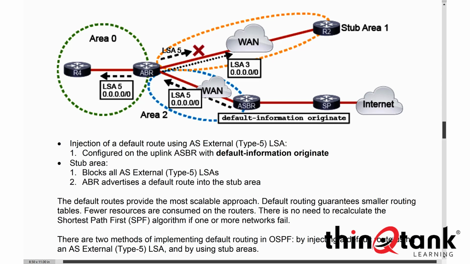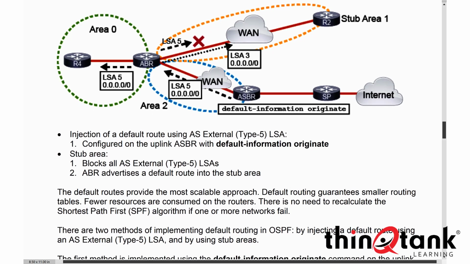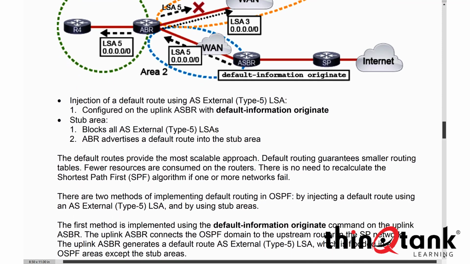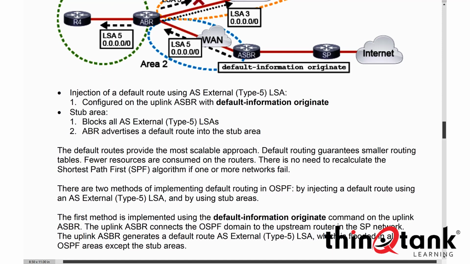So if you did default information originate on router 4, it would become an ASBR and so on. So by the fact that we implemented the command makes that router an ASBR. Now it may be an ASBR for other reasons, like doing redistribution of other routing protocols, but the default information originate is like a redistribution, even though you're not really doing a redistribution command. Okay?